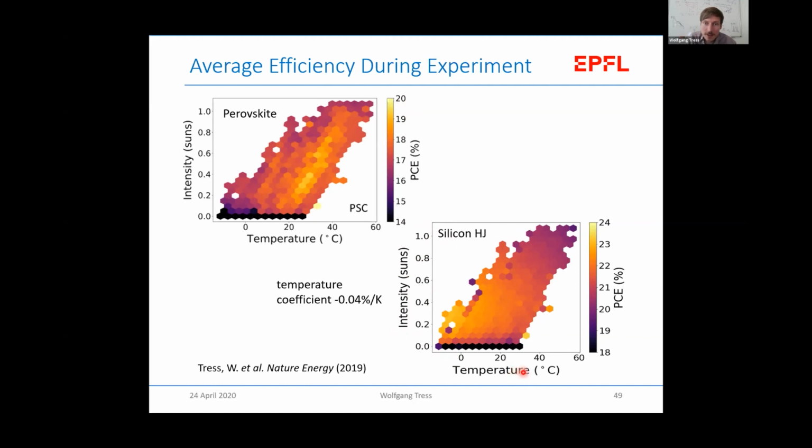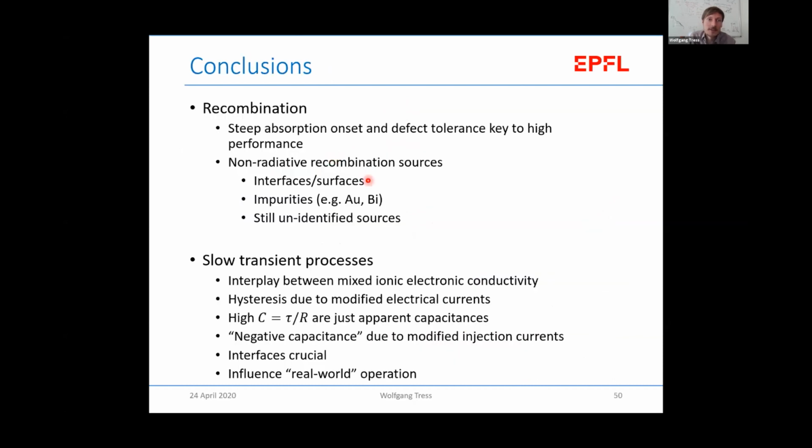You can see for the silicon that it is mainly the temperature that governs the efficiency, the colder the better, whereas for our perovskite, due to the already mentioned trade-offs, we are interestingly in the most important regime with rather high values.